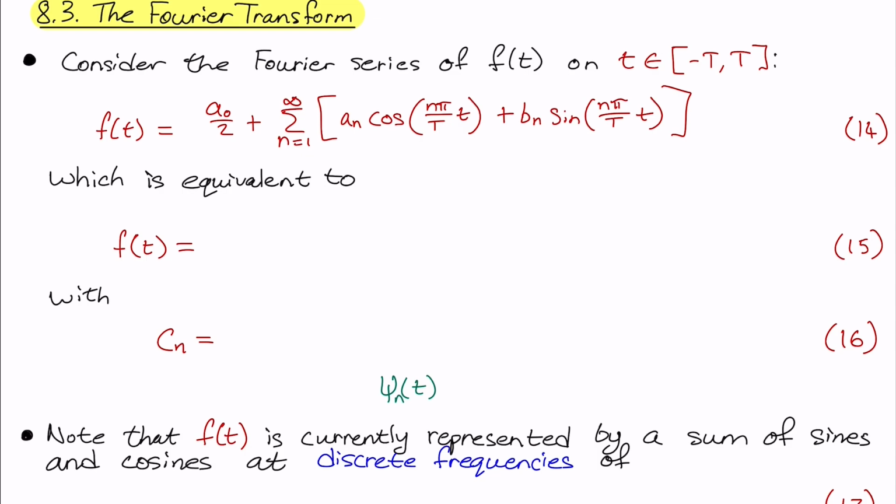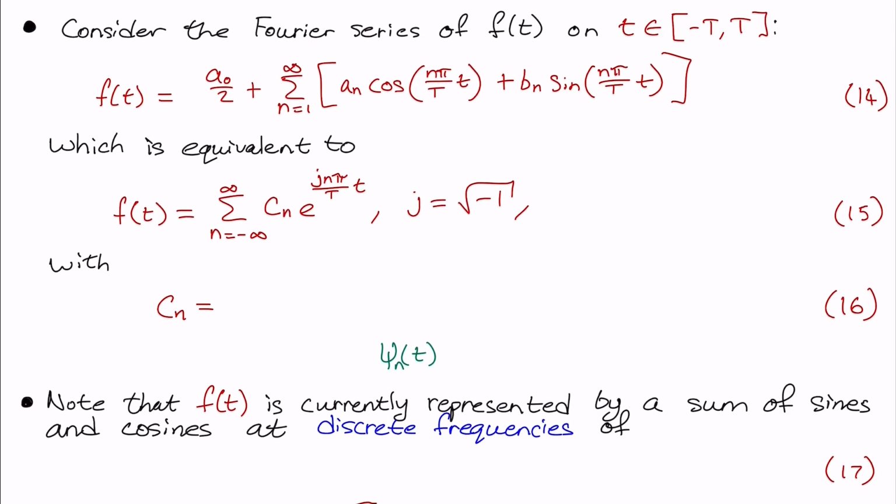Instead, we're going to convert this into a complex form, and we can say that this is equivalent to the infinite sum from n equals minus infinity to infinity of some Cn times e to the j n pi divided by big T multiplied by t, where j is our imaginary constant. It is not an integer.